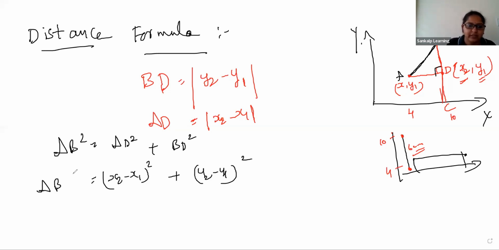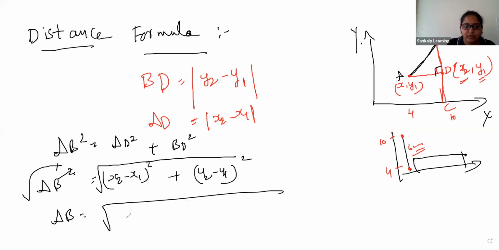That is equal to AB square. Square root on both the sides. So square gets cancelled. AB is equal to square root of x2 minus x1 whole square plus y2 minus y1 whole square.